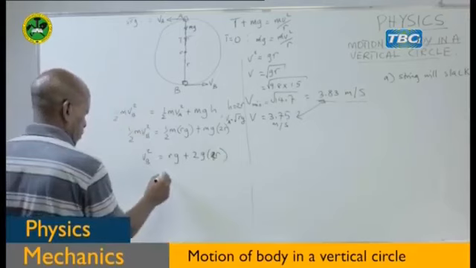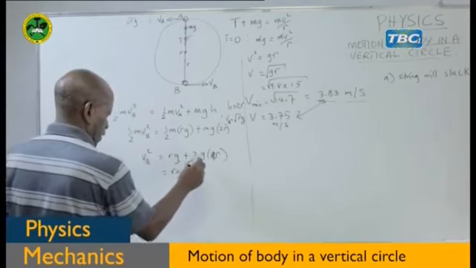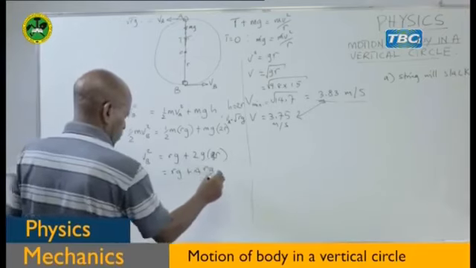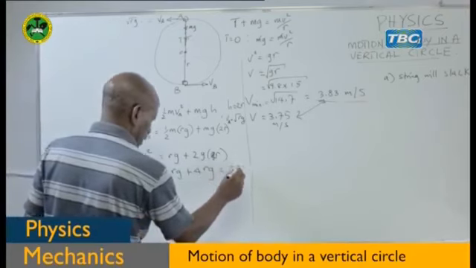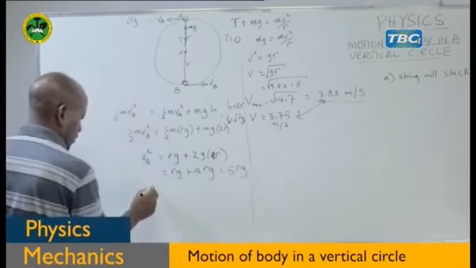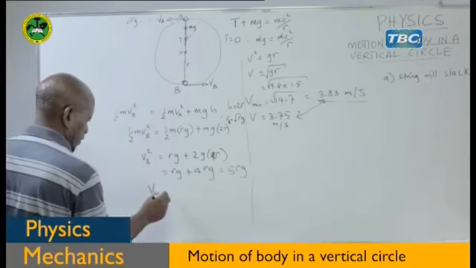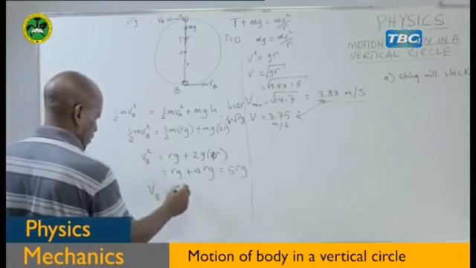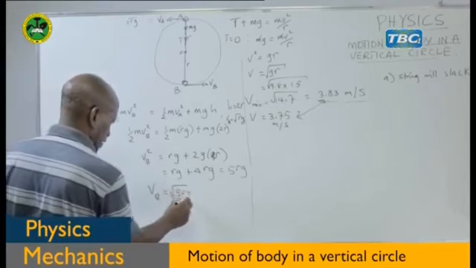Written in a good way, we have RG plus 4RG, which is equal to 5RG. So the minimum velocity at point B is VB equal to the square root of 5 times RG.